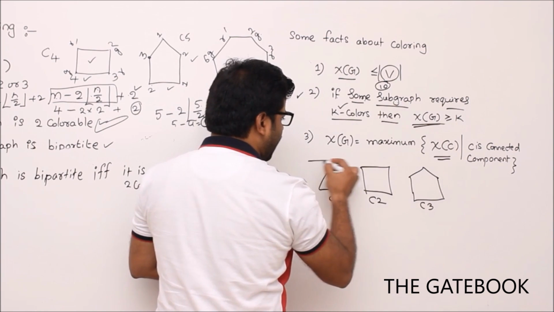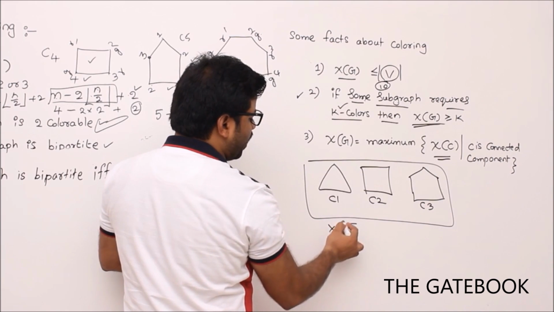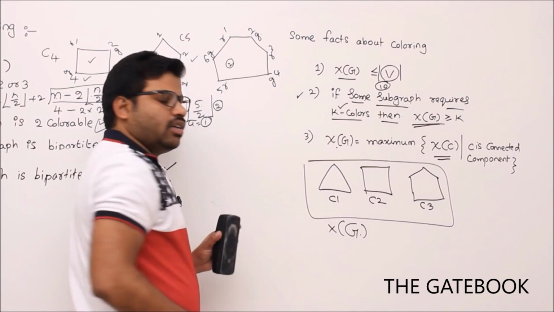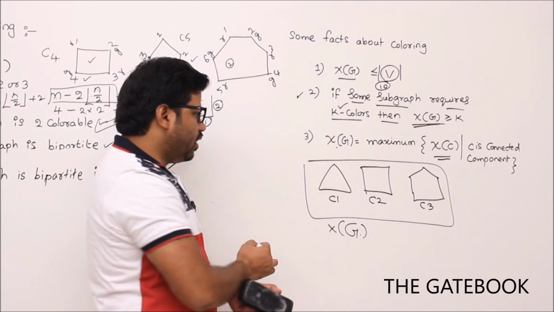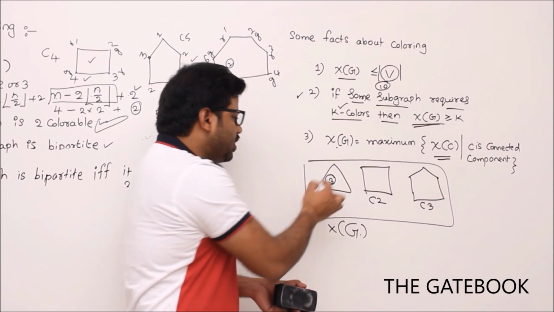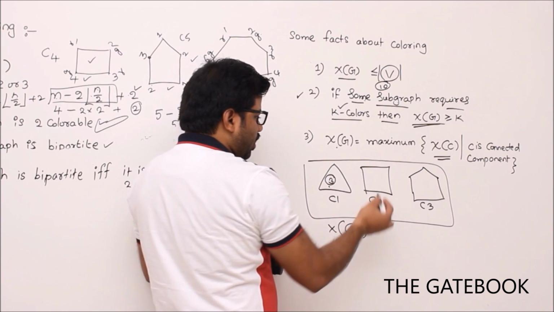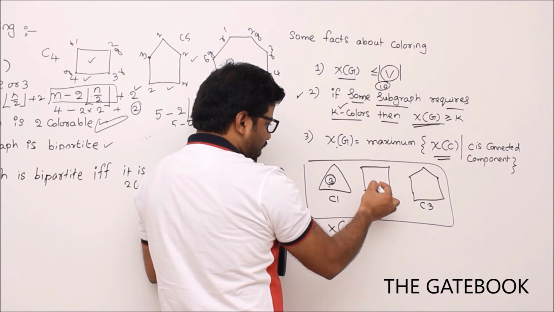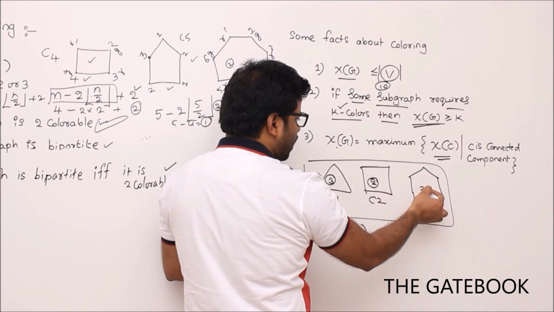This entire thing is your graph. What is the chromatic number of this graph? For example, this C1 requires 3 colors, so the minimum number of colors required to color it is 3. The minimum number of colors required to color this one is 2, right? And this one is 3.